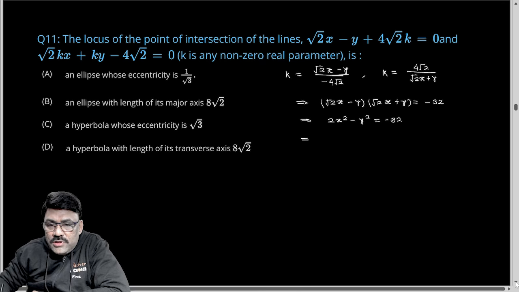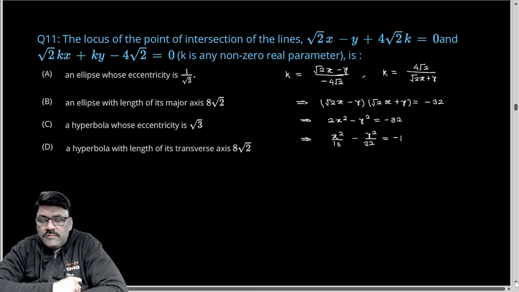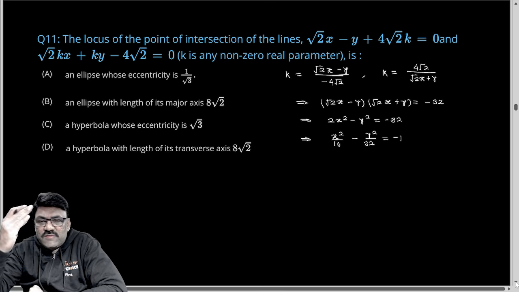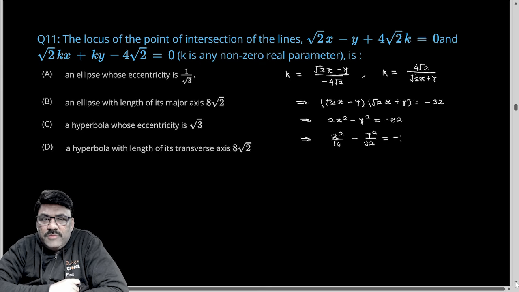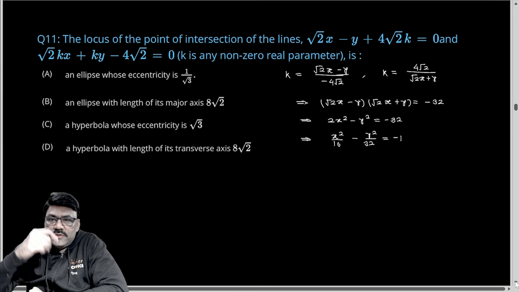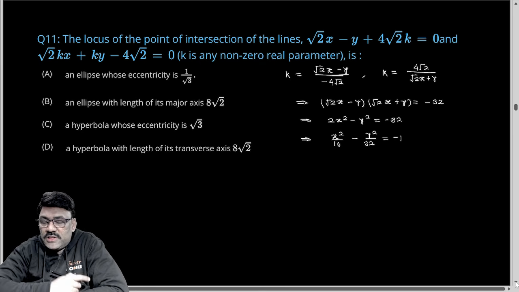If I divide the whole equation by 32, it is x square over 16 minus y square over 32 is equal to minus 1. And obviously this locus is a hyperbola. X square over a square minus y square over b square is equal to minus 1. It will have two branches, upward and downward, center at origin.